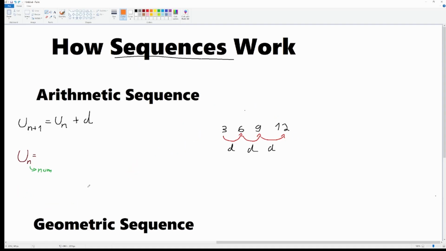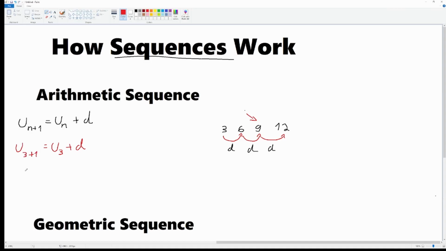So if we go back to our main formula, we see u_(n+1). So for example, let's take a random term. Let's take 9 for example. So we're searching for u_3 plus d, and u_3+1.